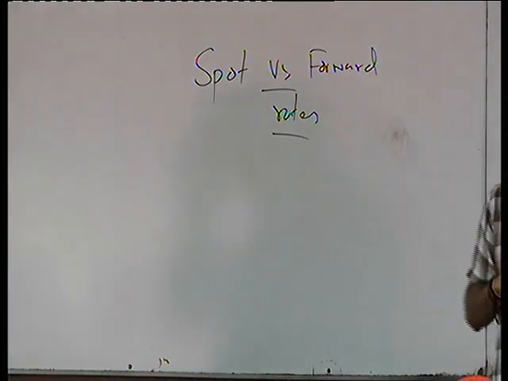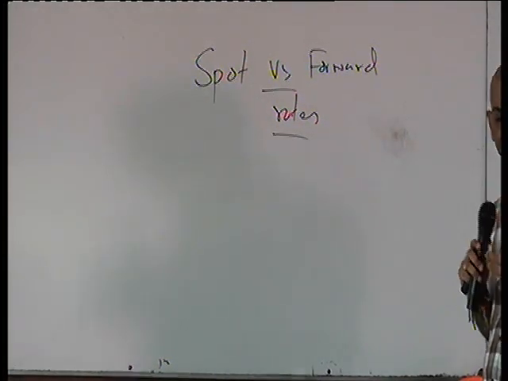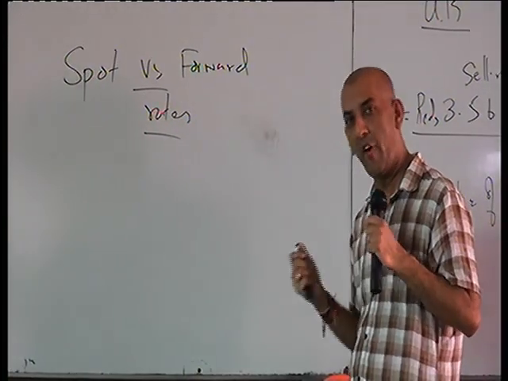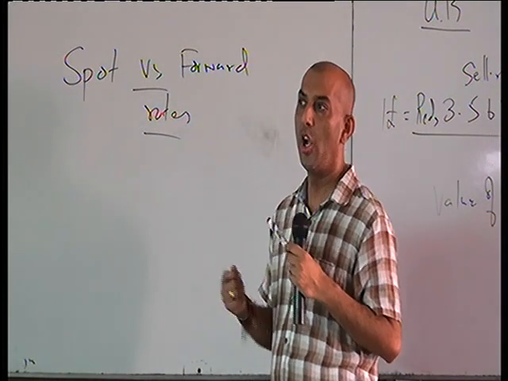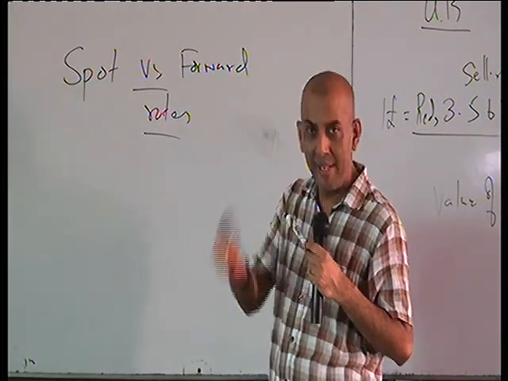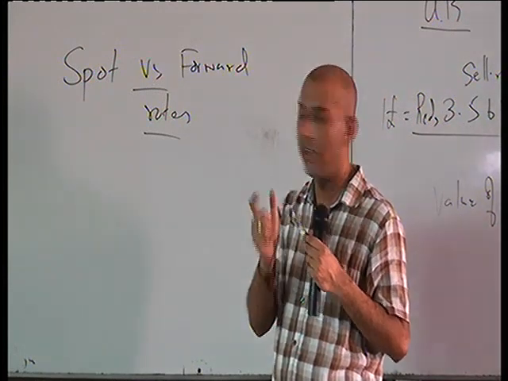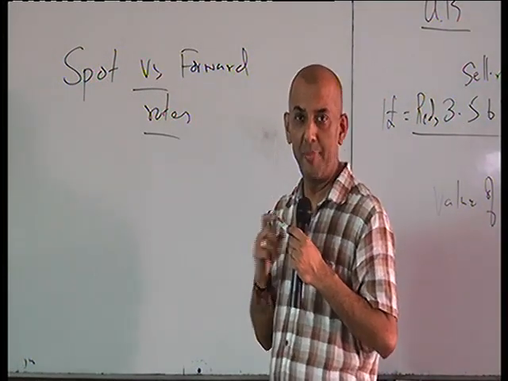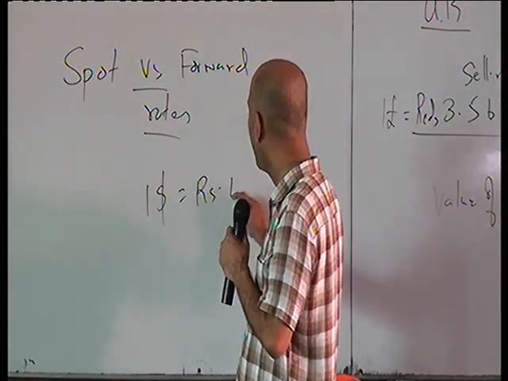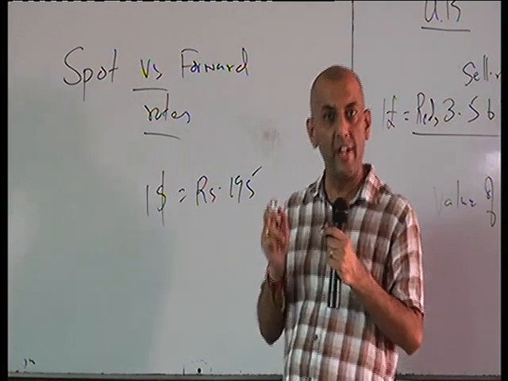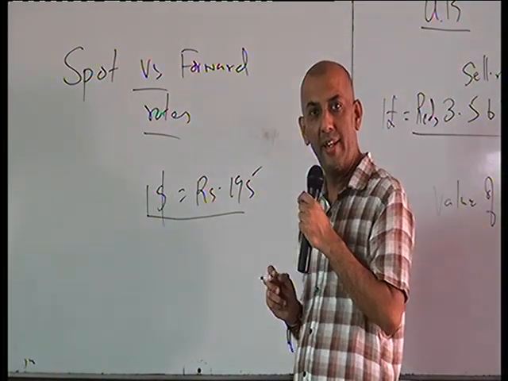There could be terminology saying spot rate and forward rate. What is spot rate? What is forward rate? If you can buy the dollar with immediate delivery at a rate, that rate is called the spot rate. For example, if they say $1 is 195, you can get the dollar with immediate delivery.